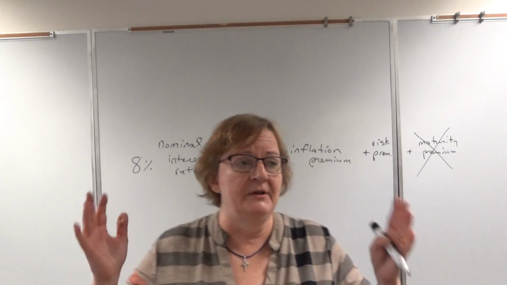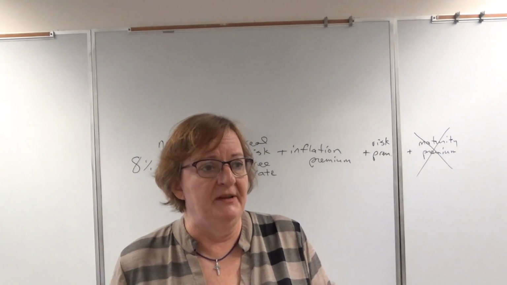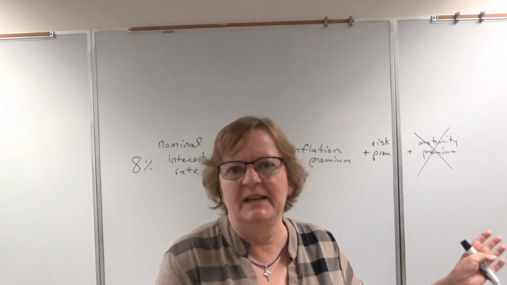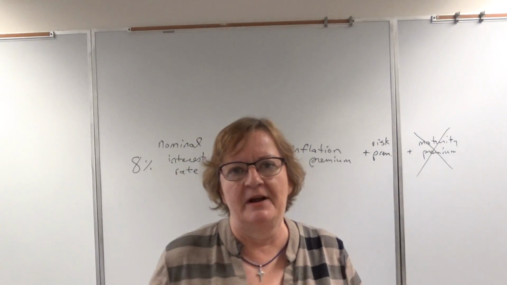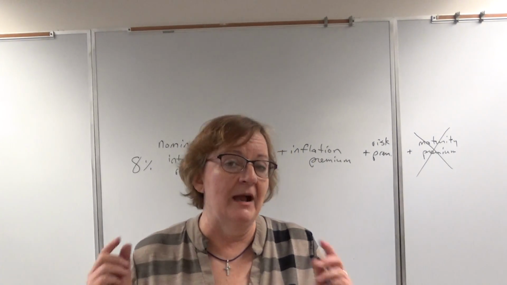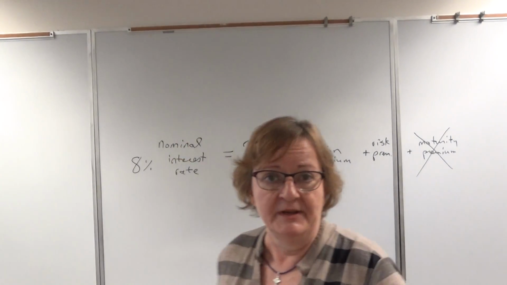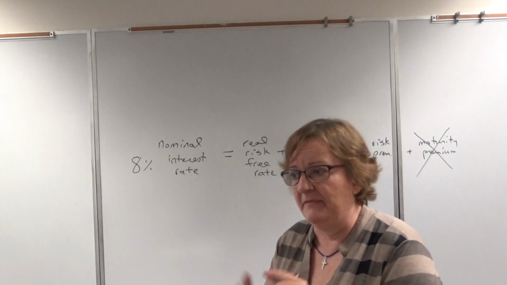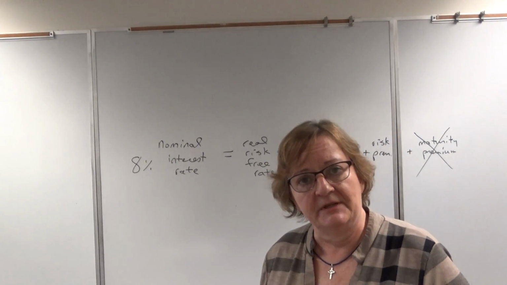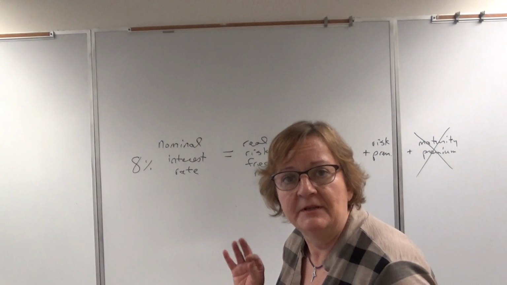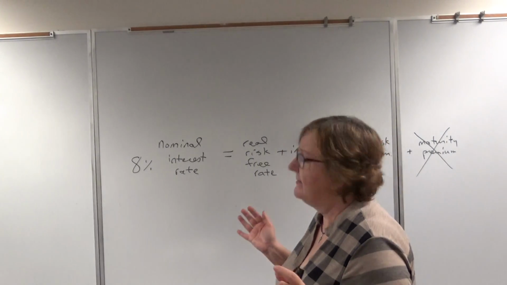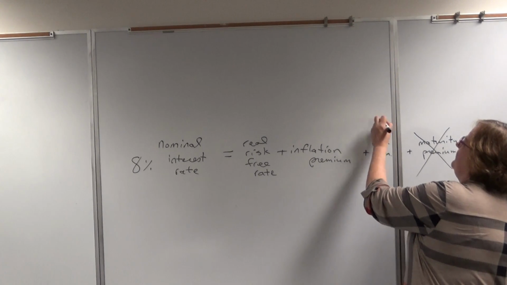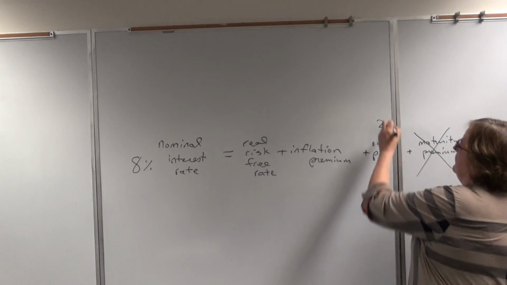I can guarantee you that someone like me that has paid their bills for decades and decades, always pay my bills on time, have a great credit rating, I'm going to get a lower car loan than, say, a college student who's got a bad credit record that hasn't paid their bills. They're gonna add some. So let's say they add 2% there.